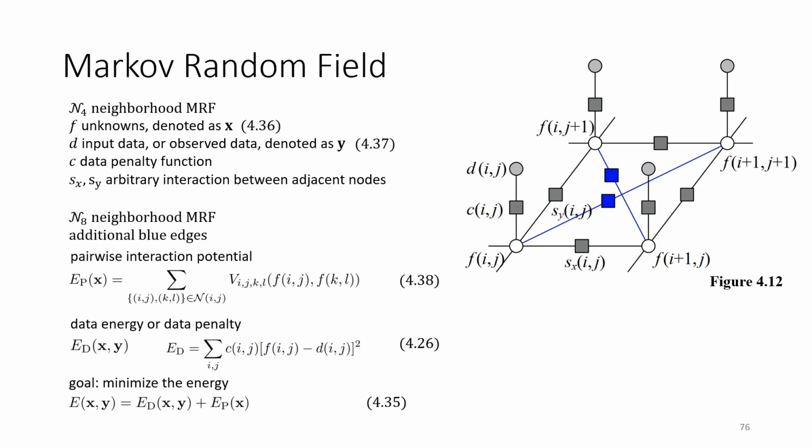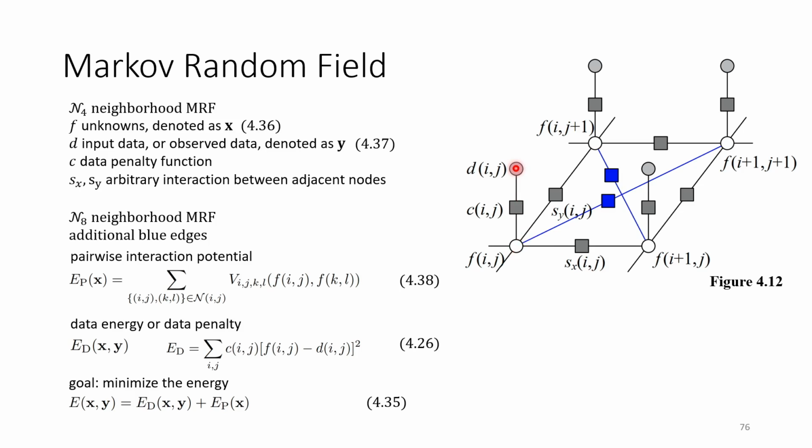It means if we want to figure out the data f, but we only have some observation or input data, called D, we can create a certain relationship between the input data and our variable f.